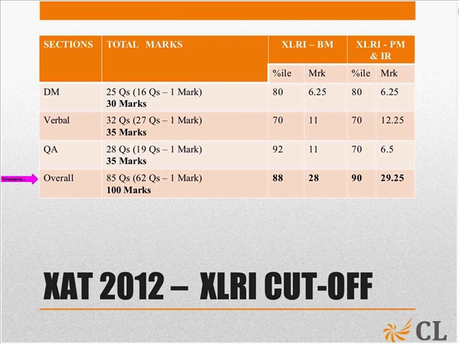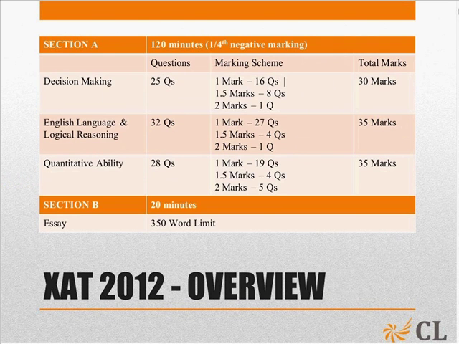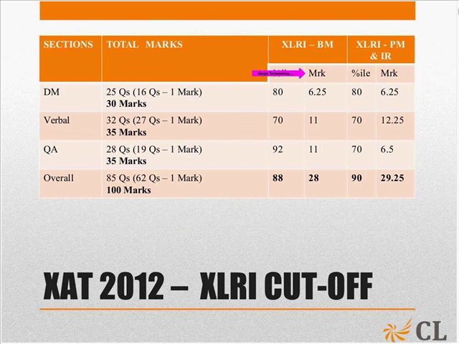Somebody wants to look at the previous slide, so let me just go back to the previous slide once. So that's the cutoff. Any questions you guys have, you can put it on the chat box.